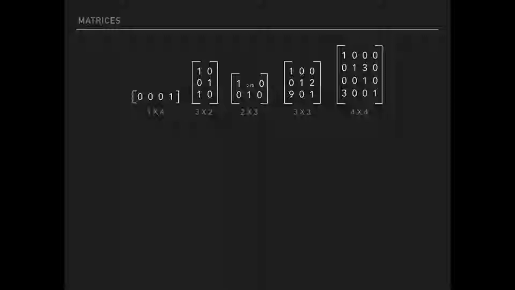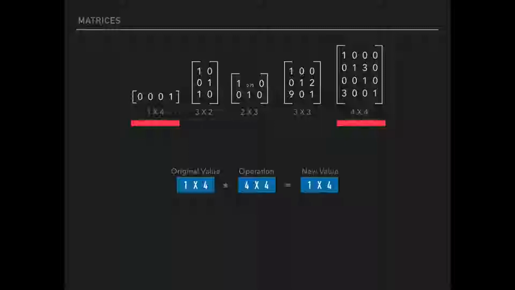What's really cool about matrix operations, especially with graphics, is that we could take a 1x4 matrix, multiply it by a 4x4 matrix, and you see I have the 1x4 matrix on the left and the 4x4 matrix on the right. If we multiply those together, we get a 1x4 matrix returned. And I'm just going to tell you a little bit about math and linear algebra and why this is. You'll see that the columns and the rows, so the column of the original value and the row of the operation, those are equal, right?